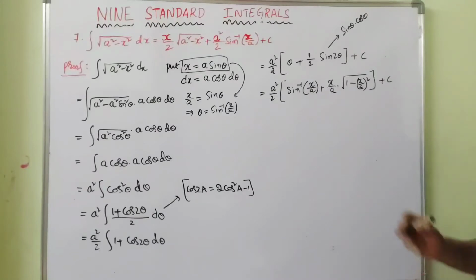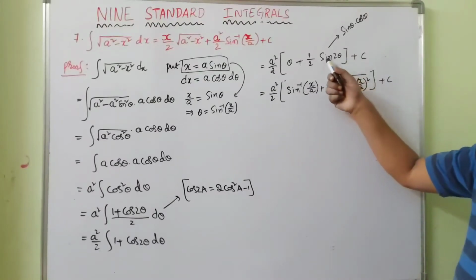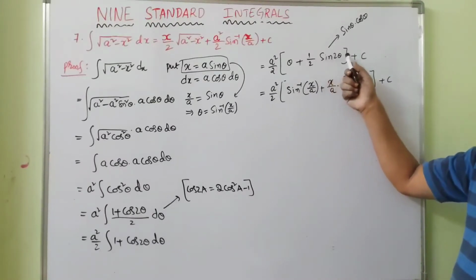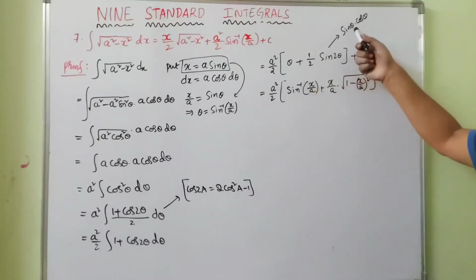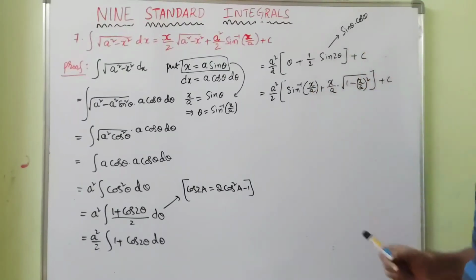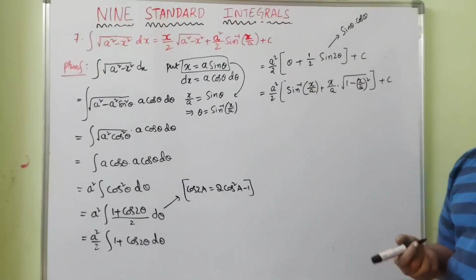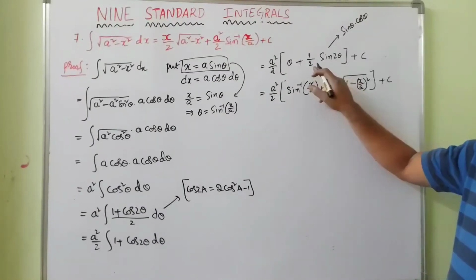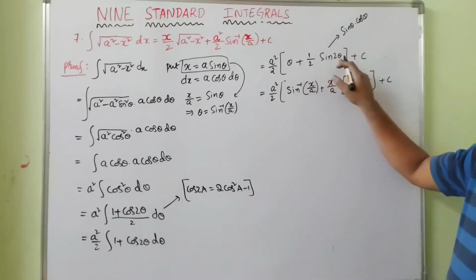I am repeating, sin 2 theta is 2 sin theta cos theta, 2 gets cancelled, you will get sin theta into cos theta. We have to convert sin theta and cos theta in terms of x. What is here? We have 1 by 2 sin 2 theta.